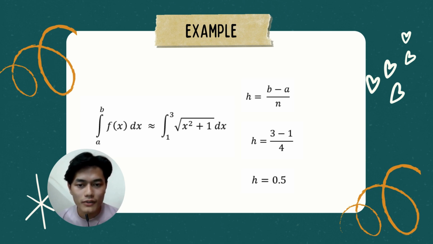The b we get from the maximum limit of integration, which is 3, minus a, which we get from the minimum limit, which is 1, over n. The n is how many trapezia we divided into. In this question we divided it into 4, so n is 4, and h equals 0.5.